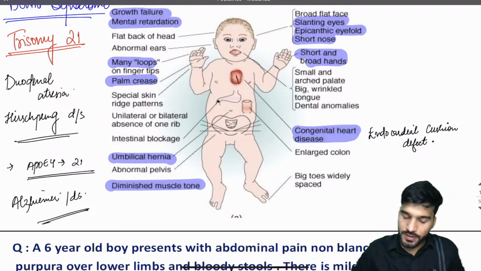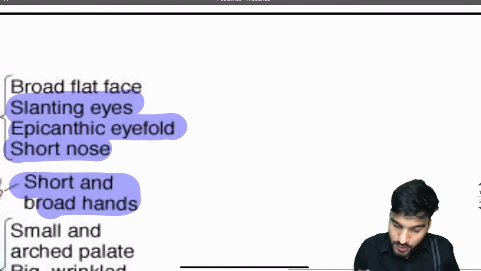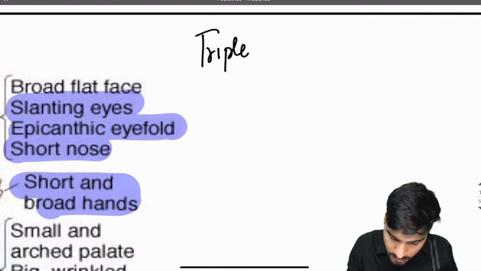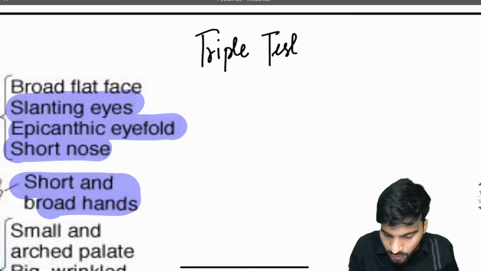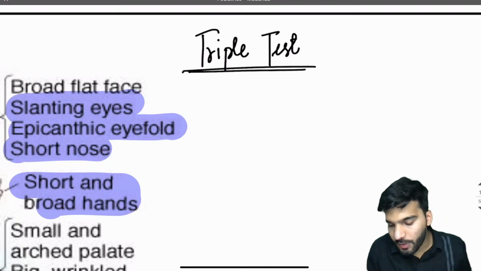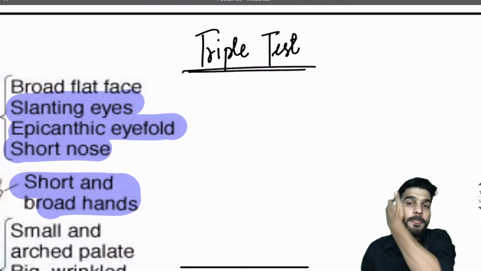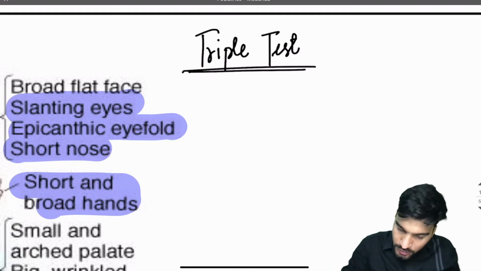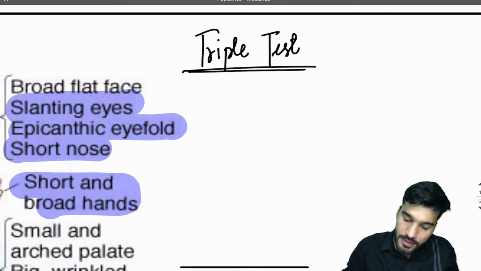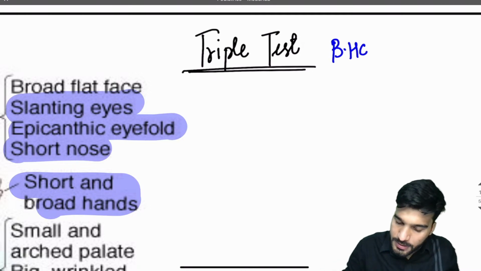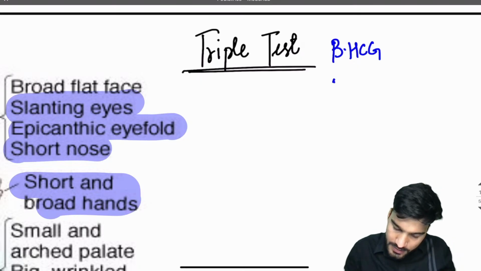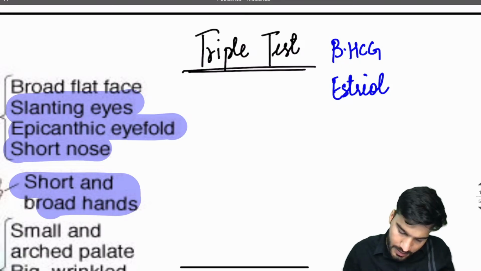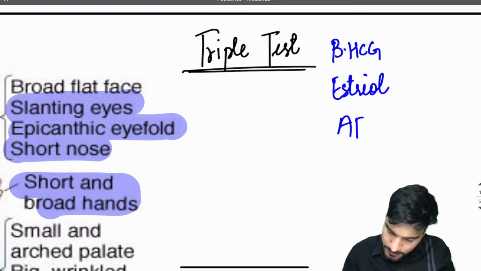Now the question they ask about Down syndrome is also going to be the triple test and the quadruple test. What will be the levels of the parameters of the triple test in Down syndrome, as well as the quadruple test? In the triple test, we check beta HCG, estriol and alpha fetoprotein.